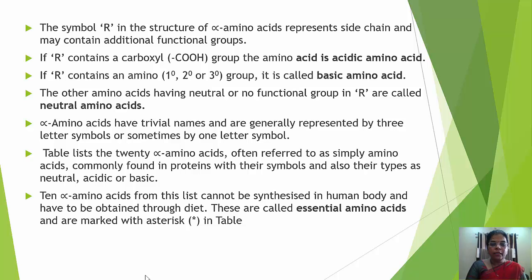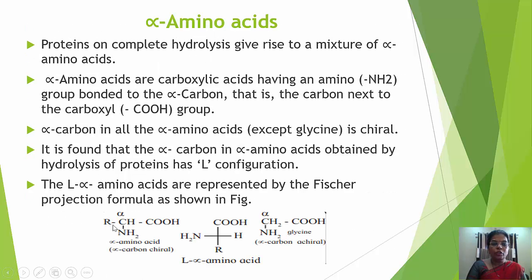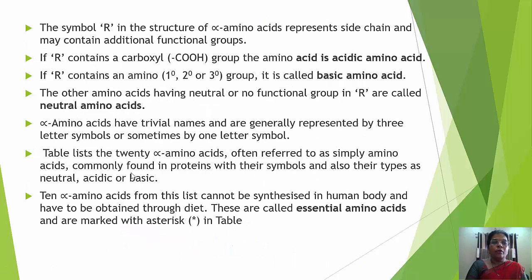That is, this alkyl group, which is bonded to the alpha carbon atom, is a hydrocarbon radical which may contain any additional functional group. If R contains a carboxylic, that is COOH group, the amino acid is acidic in nature. That is, this amino acid is an acidic amino acid.